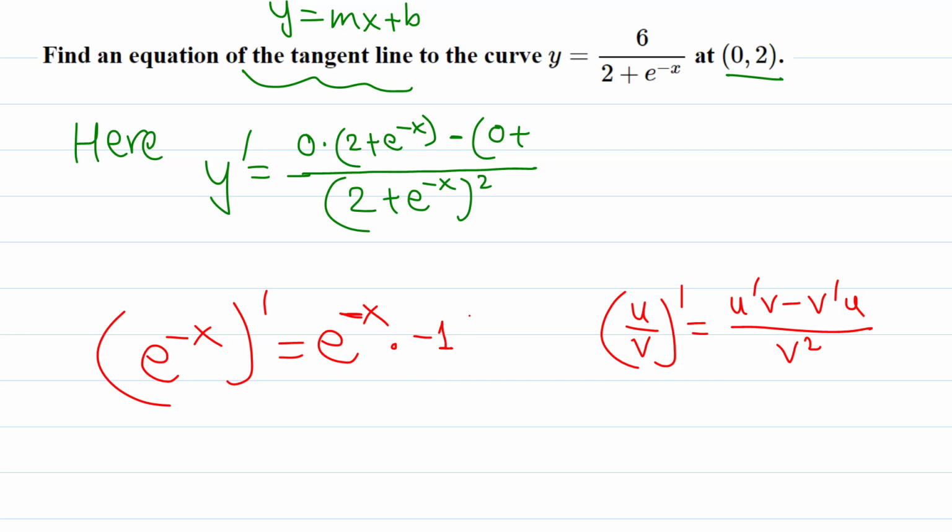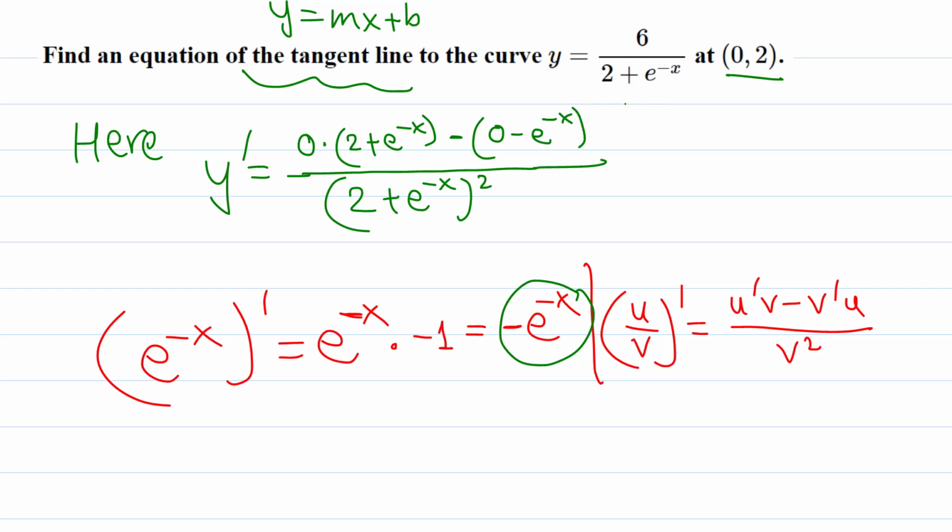So this is in fact negative e raised to negative x. So while finding the derivative of the bottom, 0 plus, we got e raised to negative x, the derivative is minus e to the negative x. So this plus becomes minus e to the negative x.